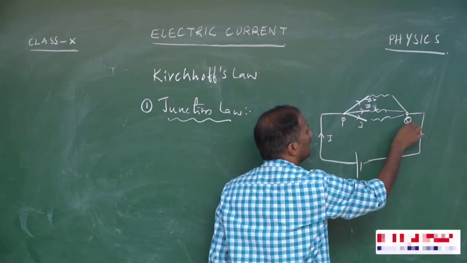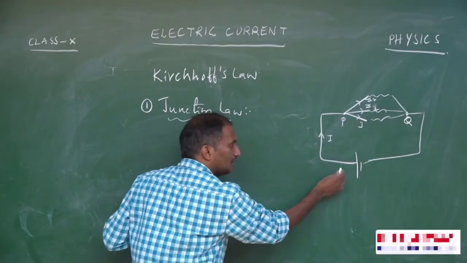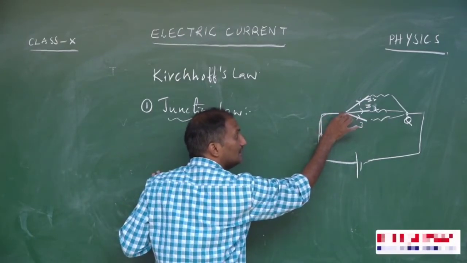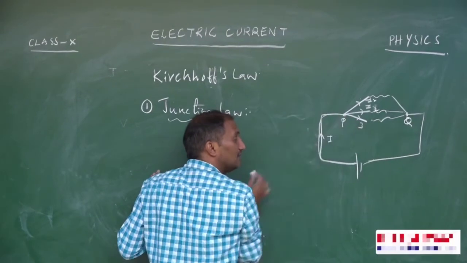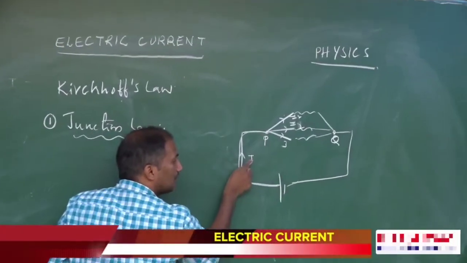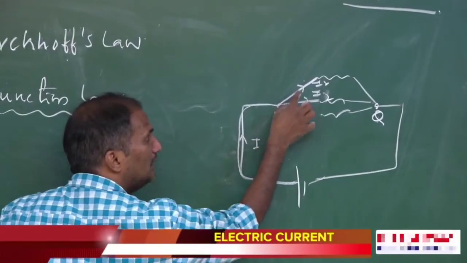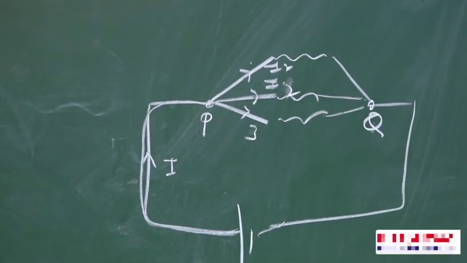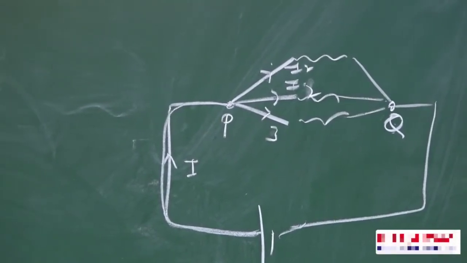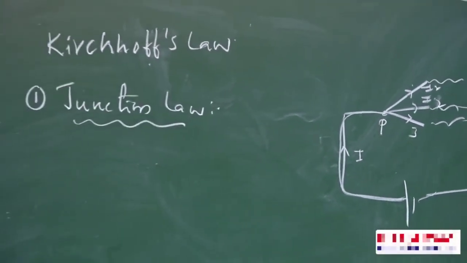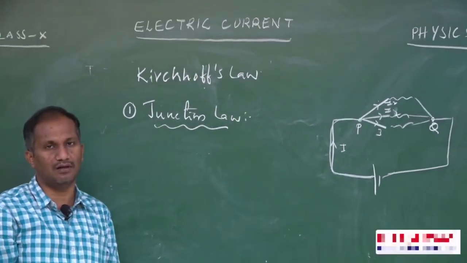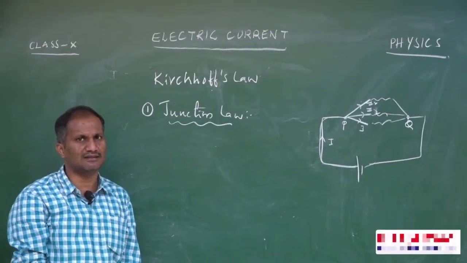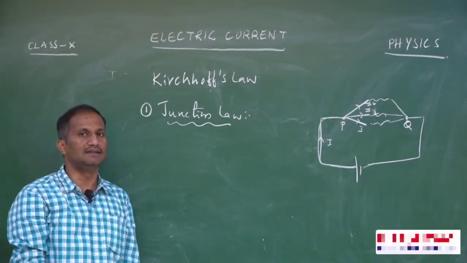At P, which is the junction point, the total current I is divided into three ways, that is I1, I2 and I3. So the sum of all the currents at a junction point is equal to 0, or simply, the algebraic sum of the currents at a junction point is equal to 0.